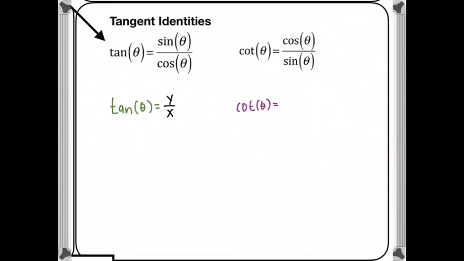Y over x and x over y. So now we know, again, that sine is y and cosine is x.